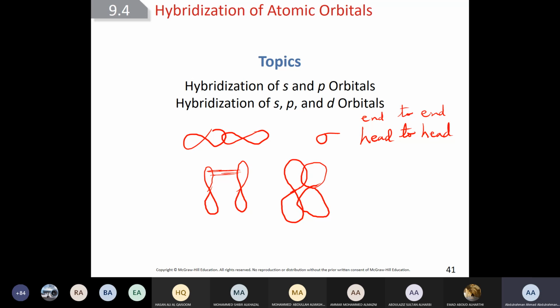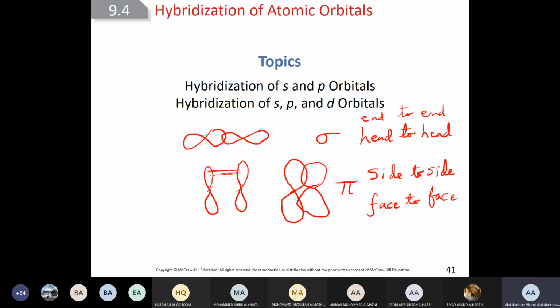This is not end to end. This is called side to side. Or what's the other name? Face to face. And this bond we call pi. You have to be careful with these names.